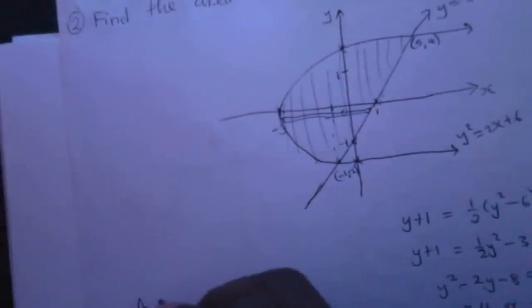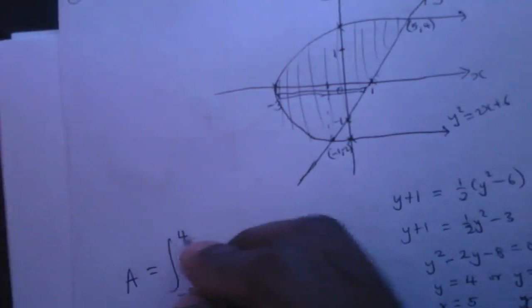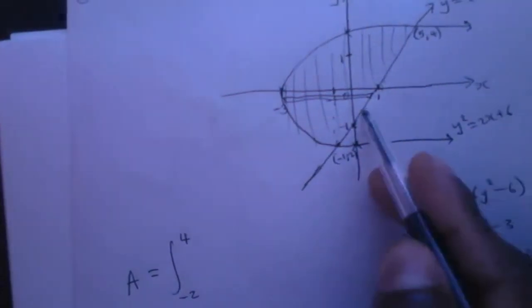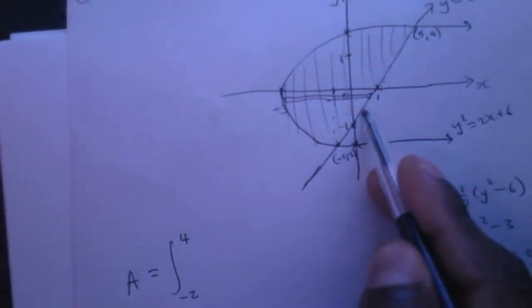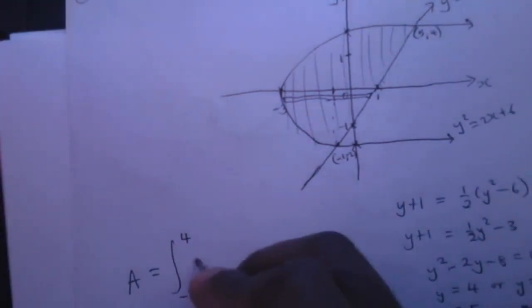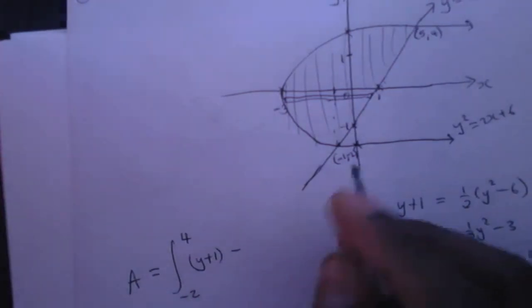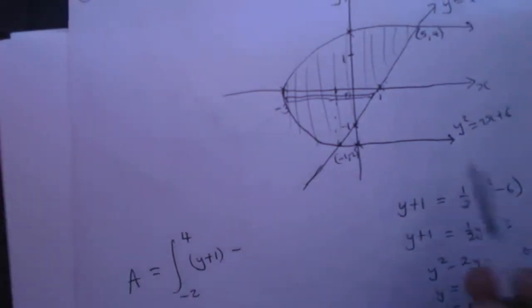So therefore we define our area as the integral from this point where y is minus 2 up to 4. We're going to use the right graph. Remember now it's in terms of y. So it's going to be the right graph, y plus 1, minus the left graph.